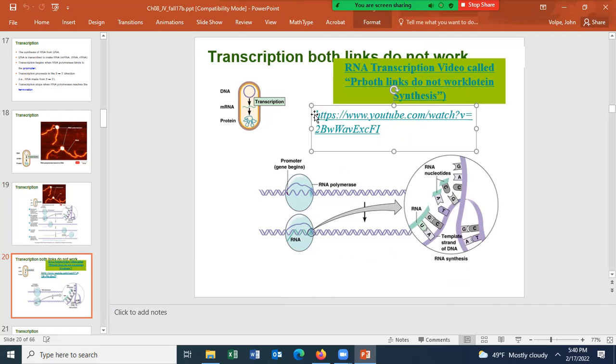See if I can grab this here and see if this will work, because if I open it directly, it doesn't seem to work. Transcription. That doesn't look promising.